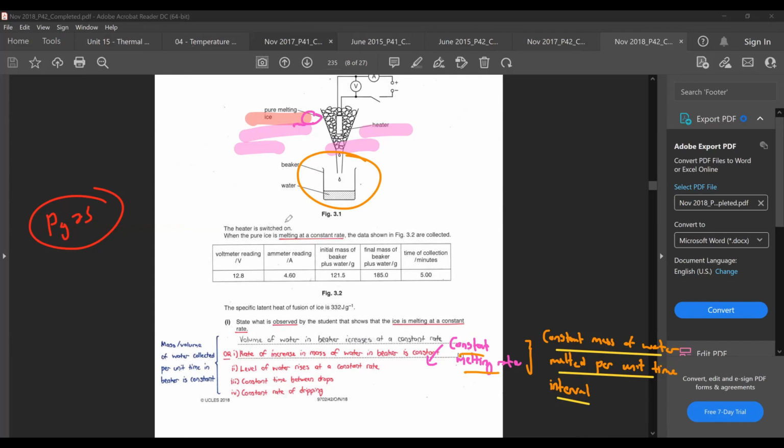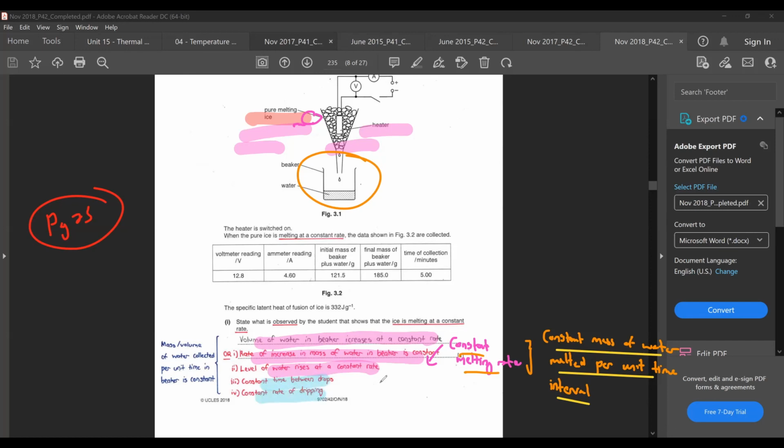The marking scheme gave you a number of answers. Number one, you can say that the volume of water in the beaker is increasing at a constant rate, or the rate of increase in mass of water in the beaker is constant, or the level of water rises at a constant rate. The less common ones would be constant time between drops, constant rate of dripping.